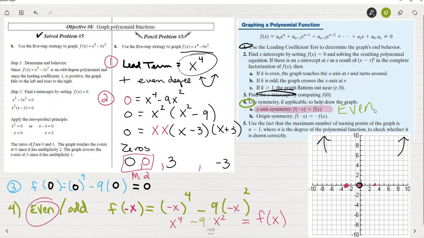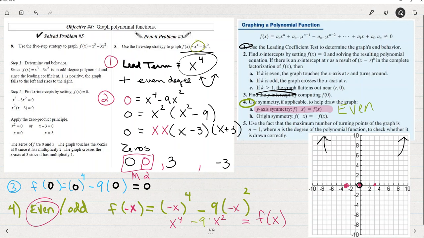Now number 5, let's use the fact that the minimum or maximum number of turning points is n minus 1, where n is the degree of the polynomial function. So since this is degree 4, I know that we turn around at the very most 3 times.